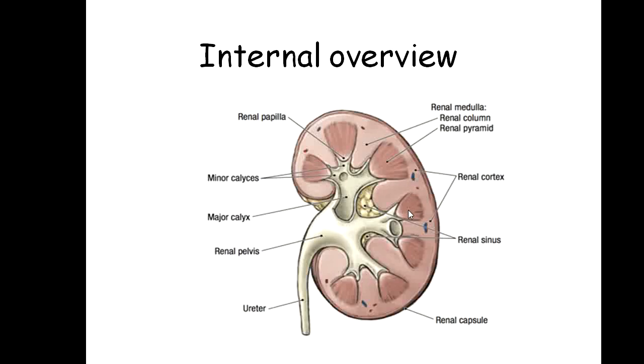From the tip of each renal pyramid, a tubular structure arises, and this is called the minor calyx. Each renal pyramid gives rise to a minor calyx.